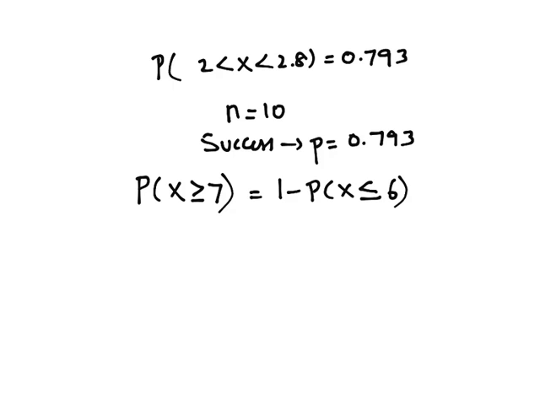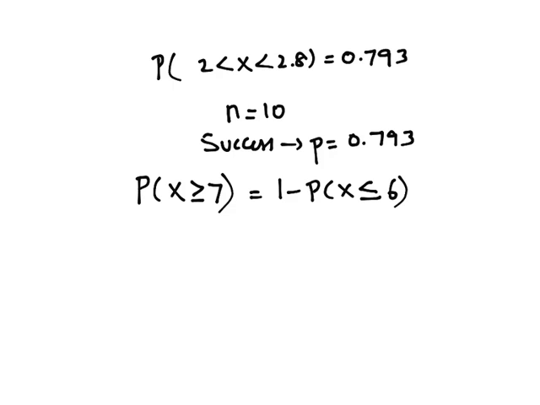Now go to distribution, statistics, distribution, go to binomial, and you need to enter BCD now, right? X is 6, I want less than or equal to, so X is 6, number of trials is 10, probability of success is 0.793.